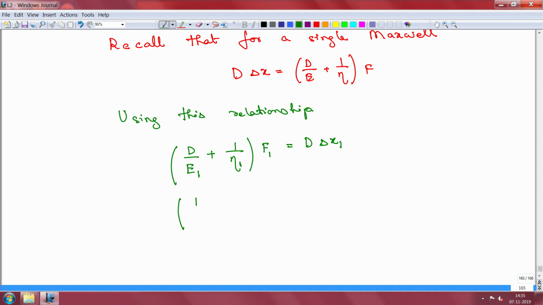Similarly, for the second Maxwell, we have d by E2 plus 1 by eta 2 of F2 equal to d times of delta x2. Now, the delta x's are shared, right. So, I can just as well drop this subscript, and if I drop this subscript, life becomes a little bit easier for us. But we have these F1 and F2, and we want to be able to do our work here.